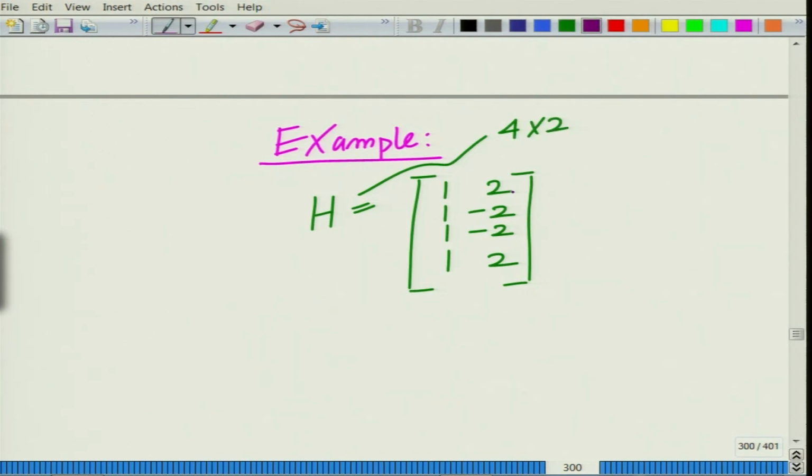Now, let us ask the question: what is the SVD of this? Ordinarily it is not very easy to evaluate the singular value decomposition, but in this case there is an interesting property.